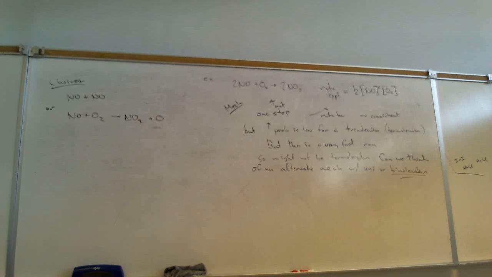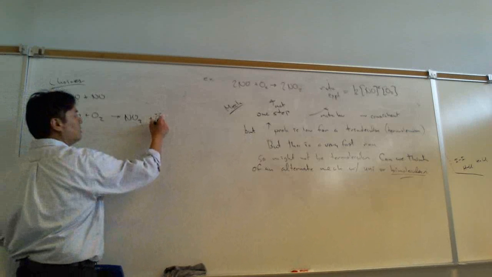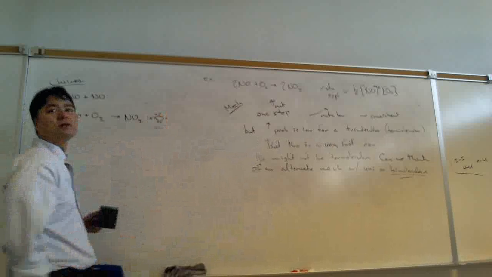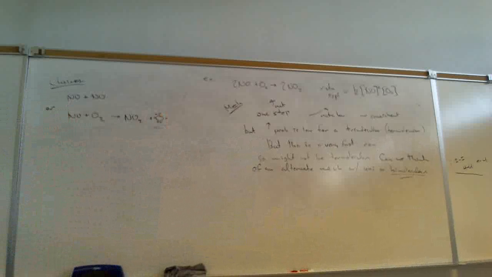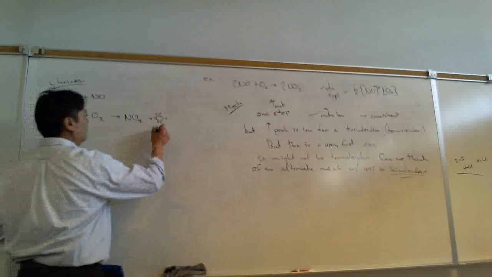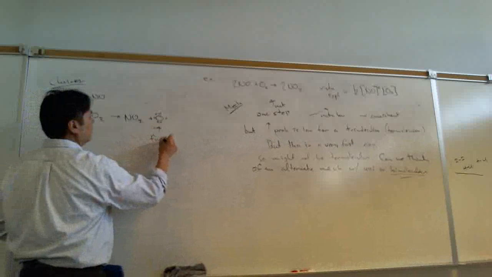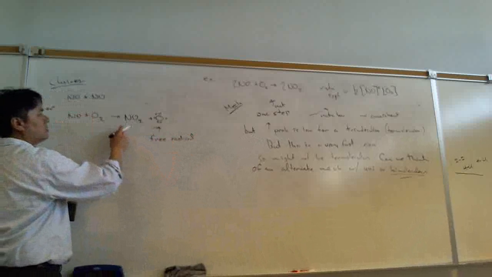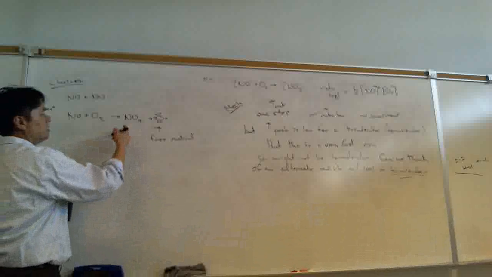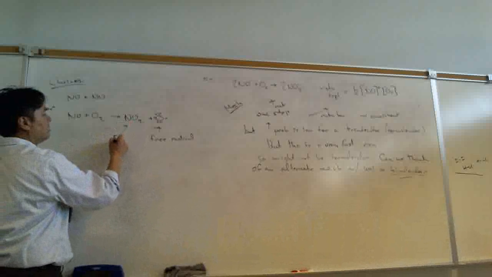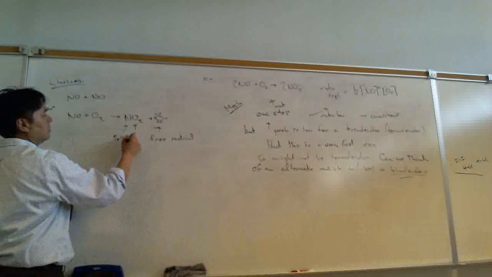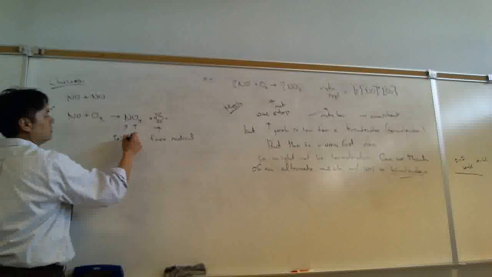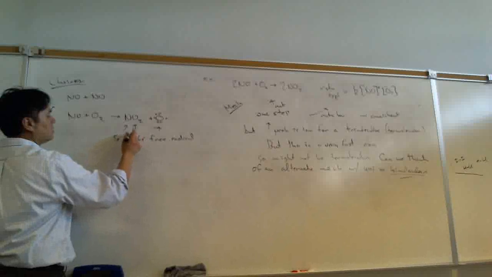An O would be called atomic oxygen. Atomic oxygen is what we call a free radical. When we look at the valence electrons, it has 6, so it wants 2 more bonds, right? And so it's highly reactive. It's called a free radical. NO2 is interesting too, because in NO2, N has 5 electrons, plus the 2 oxygens, which would be 2 times 6 electrons.